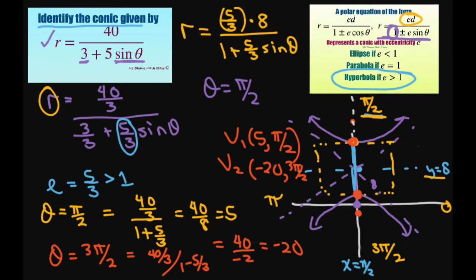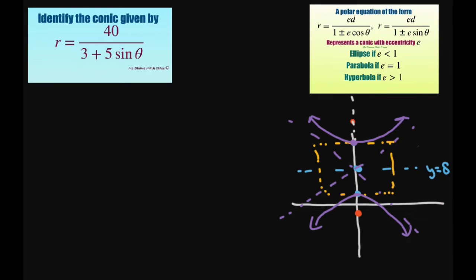Now we can look at the vertices and look at the length of the transverse axis. If you find the distance between these, the distance is going to be 15. So the length of the transverse axis is 15.